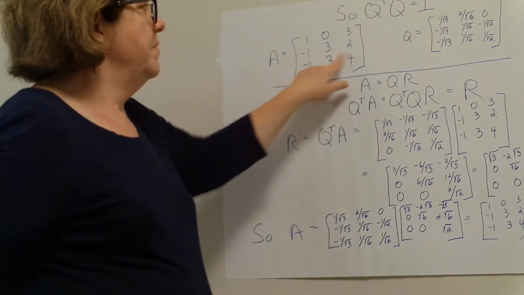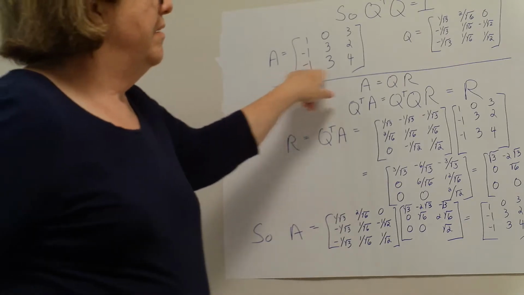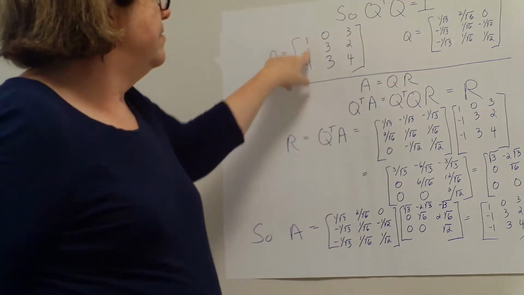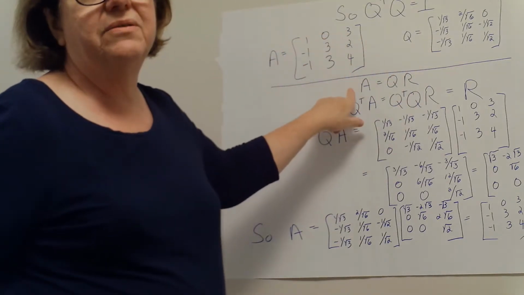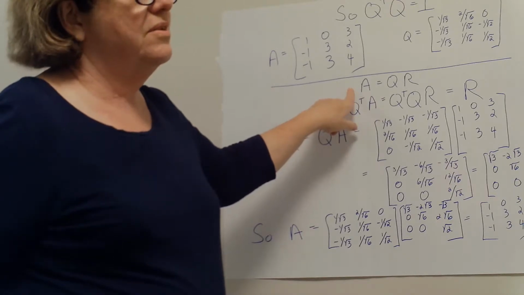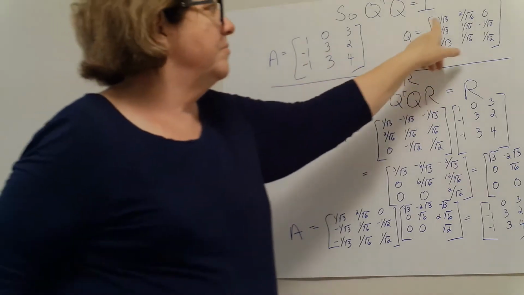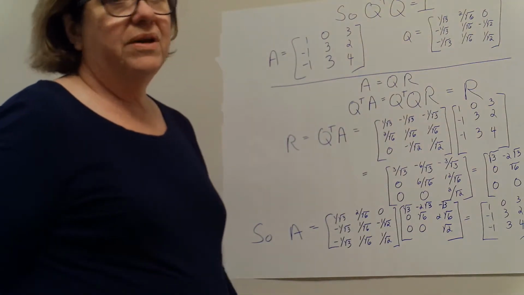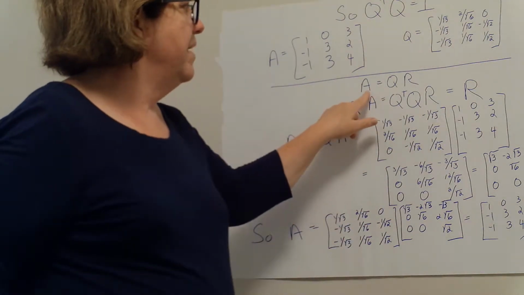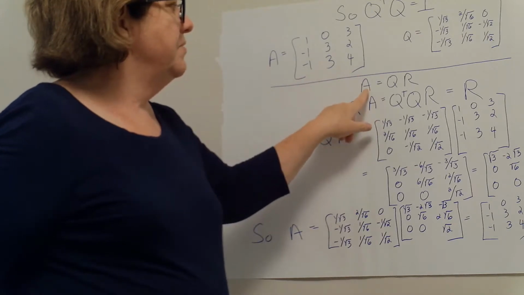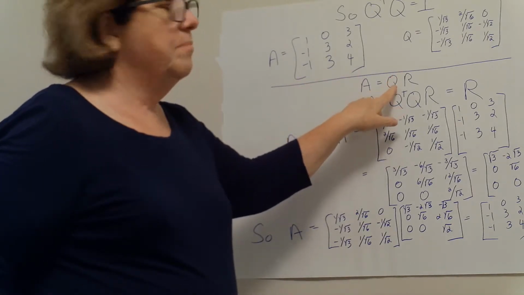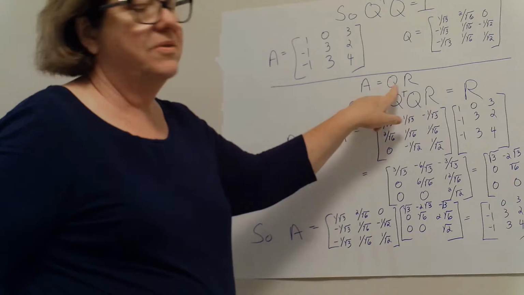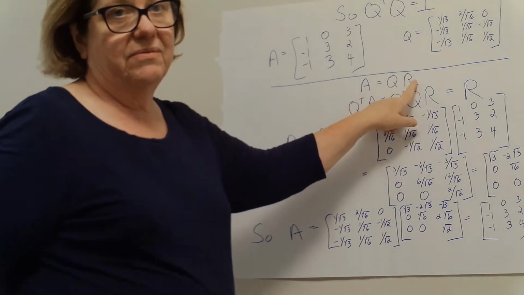Remember our original matrix, this was A. When we took these columns and did our Gram-Schmidt orthogonalization and then normalized each of the columns, we got this. Well, the question is, maybe there's a way to factor the original A into a matrix with orthonormal columns times another matrix.